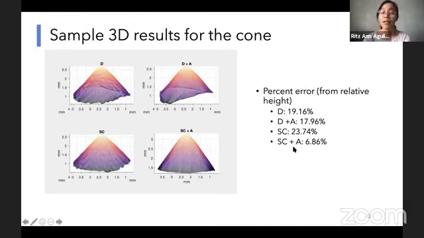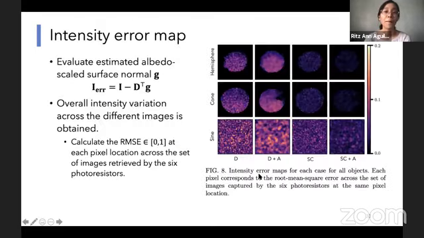But if we apodize them, or clean them, before feeding them to the algorithm, we were able to obtain a low percent error of 6.86%.